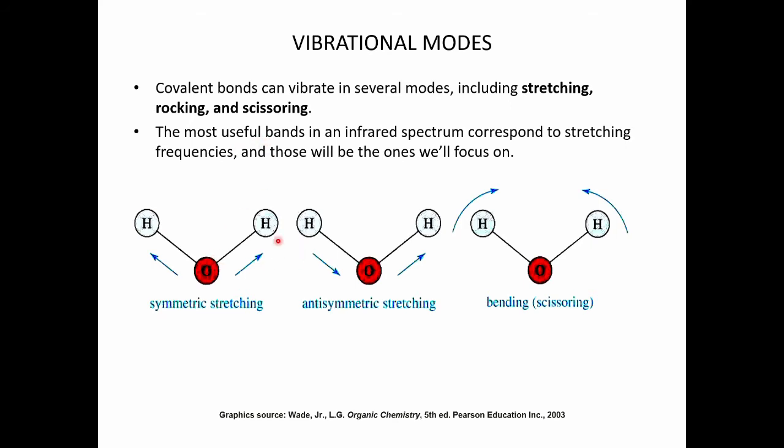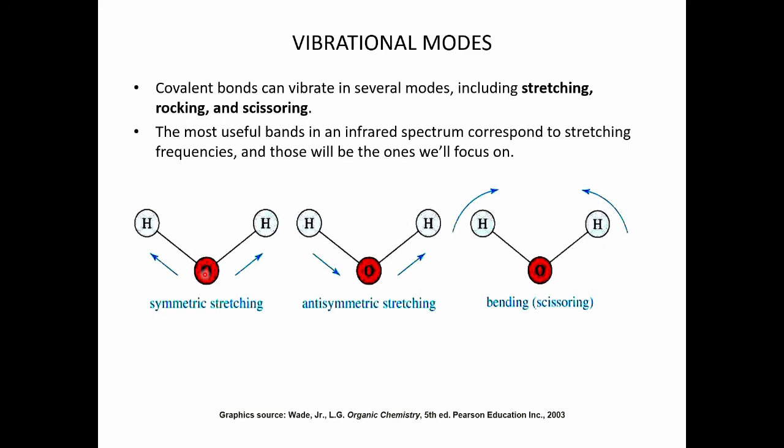It's hard to see on a static picture like this, but we can imagine that when we say stretching, it's the back and forth of the peripheral atoms. So the hydrogens are going up, diagonally, going further away from oxygen and then coming back.